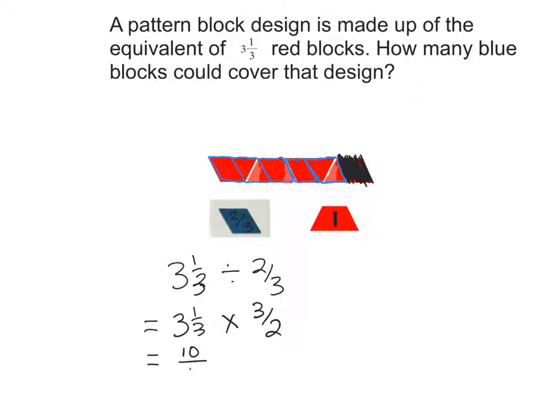So 3 1/3 red blocks would be 10/3, times 3 halves, which is equal to 10 times 3 is 30, 2 times 3 is 6, 30 divided by 6 is 5. So we end up with the same answer.